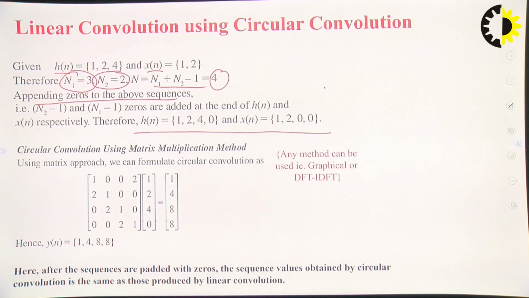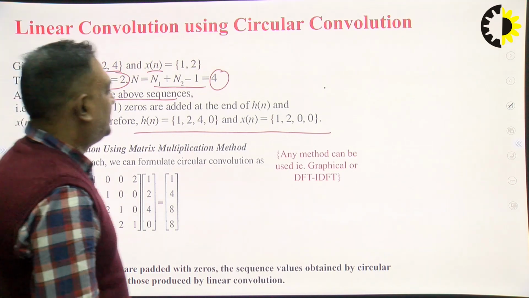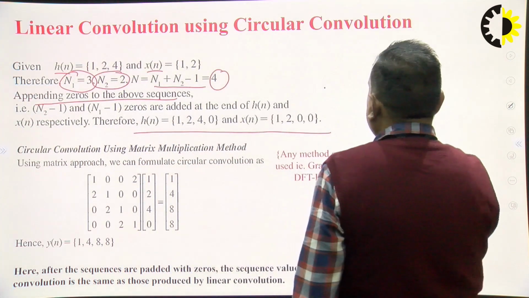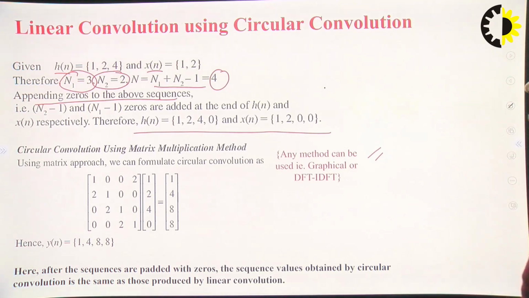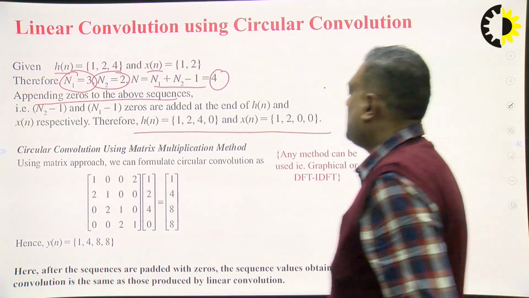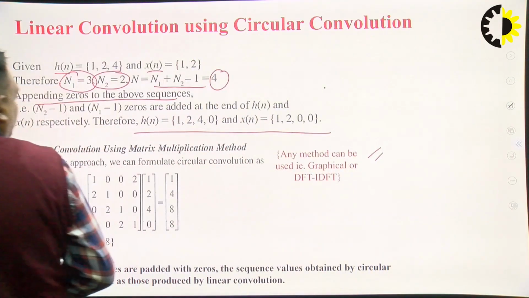Then you can apply any method, like the matrix method, graphical method, or DFT-IDFT method. Here I am just showing how we will obtain the linear convolution result. I am using the matrix method because it is the simplest one.